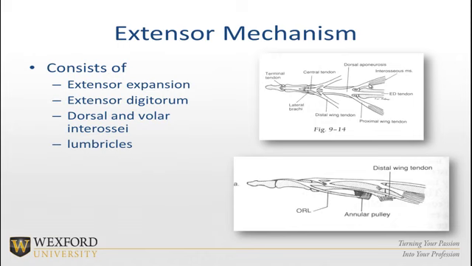The extensor digitorum tendon passes deep to the extensor retinaculum, then flattens out onto the aponeurotic hood of the distal metacarpophalangeal joint. Okay, so we have this expansion that becomes the aponeurotic hood, or the dorsal aponeurosis.